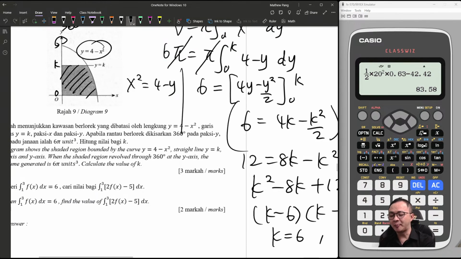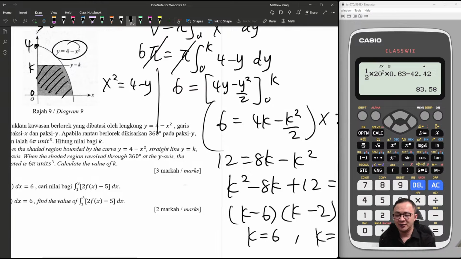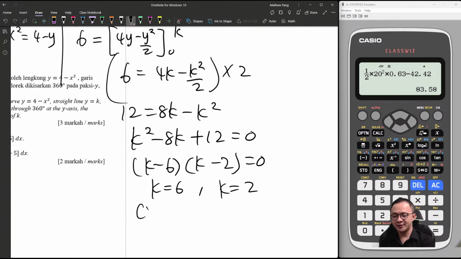But based on the position of k, it must be less than 4, because the y-intercept here is 4. So I cannot take 6. It's rejected, so my k value is 2 only.